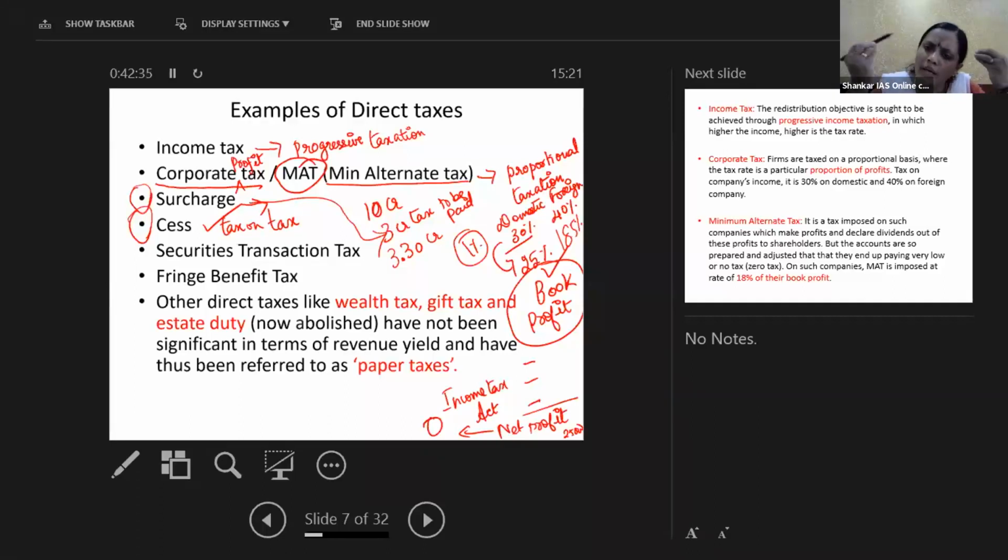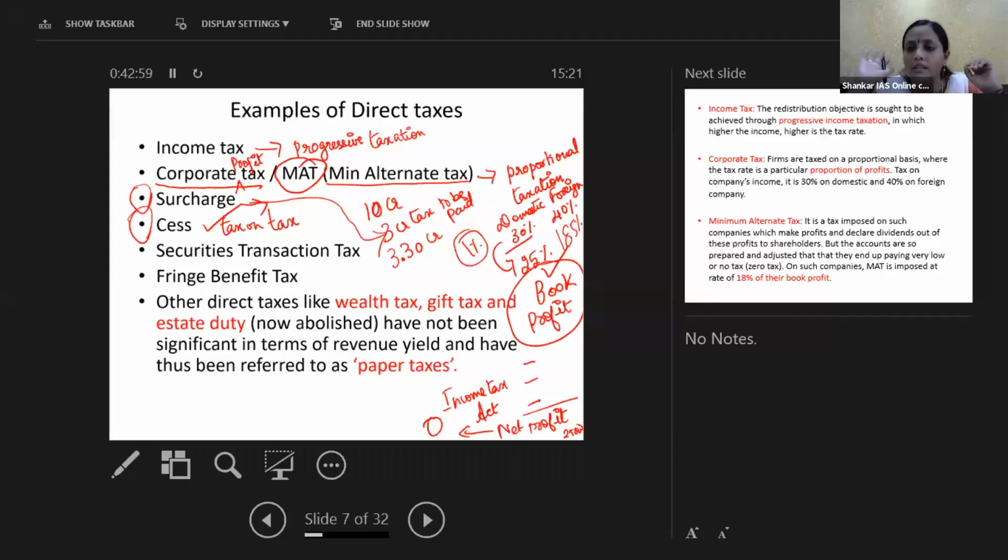So on any amount, cess can be levied. Cess will be levied upon the tax to be paid, like how we discussed about the 3 crores, the 30 lakhs. Now we have discussed that upon the 18,000 it will be levied. So it is a tax which is levied upon the taxes to be paid.